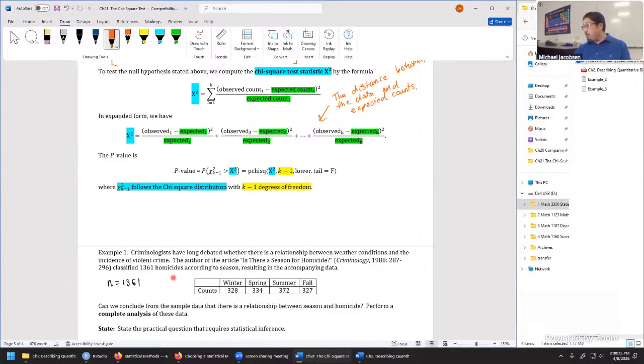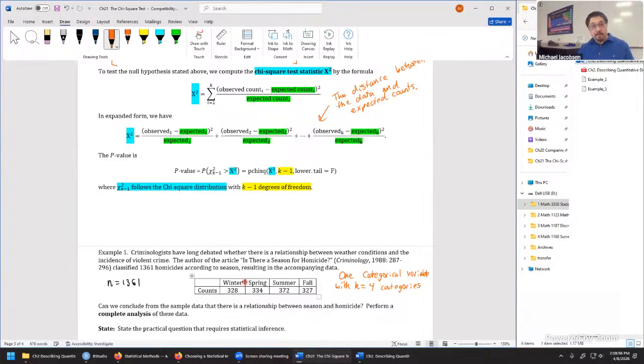So for this problem, there is one categorical variable with k equals 4, one category for each one of the season categories.